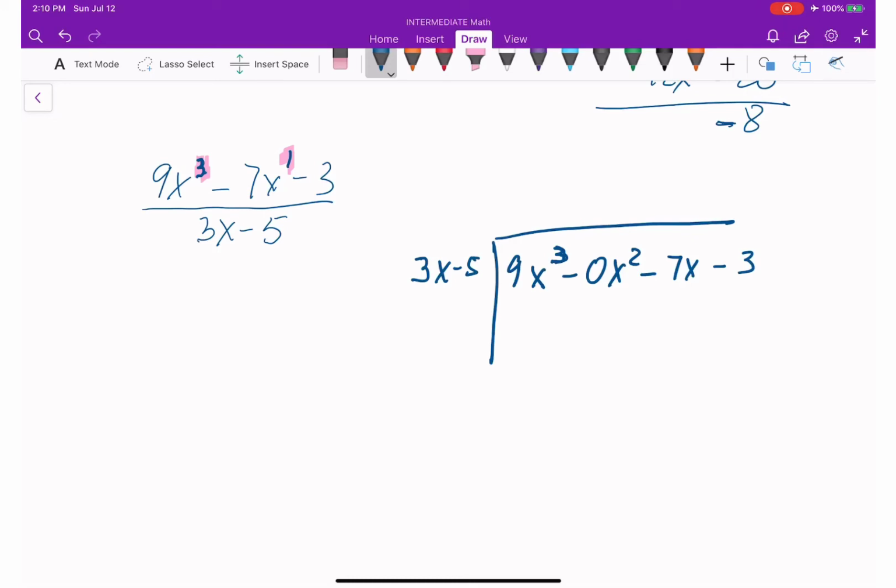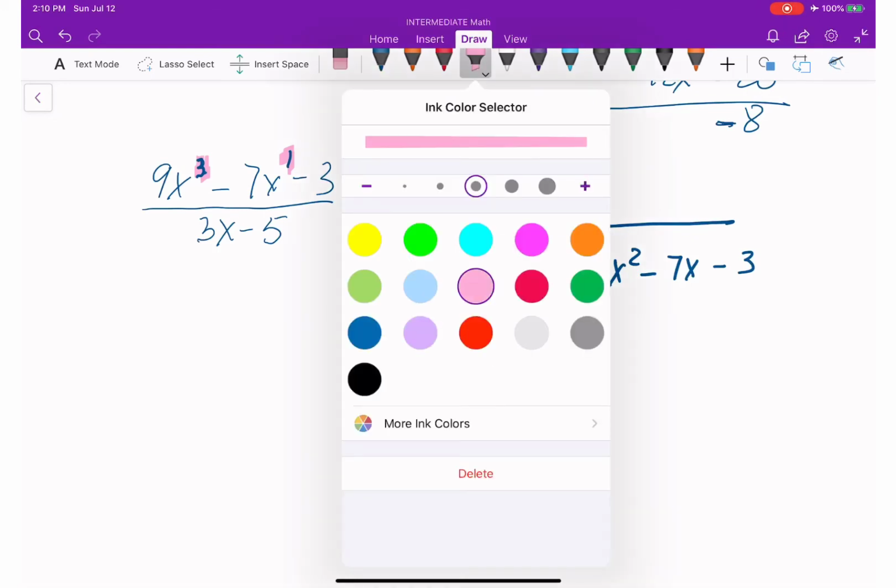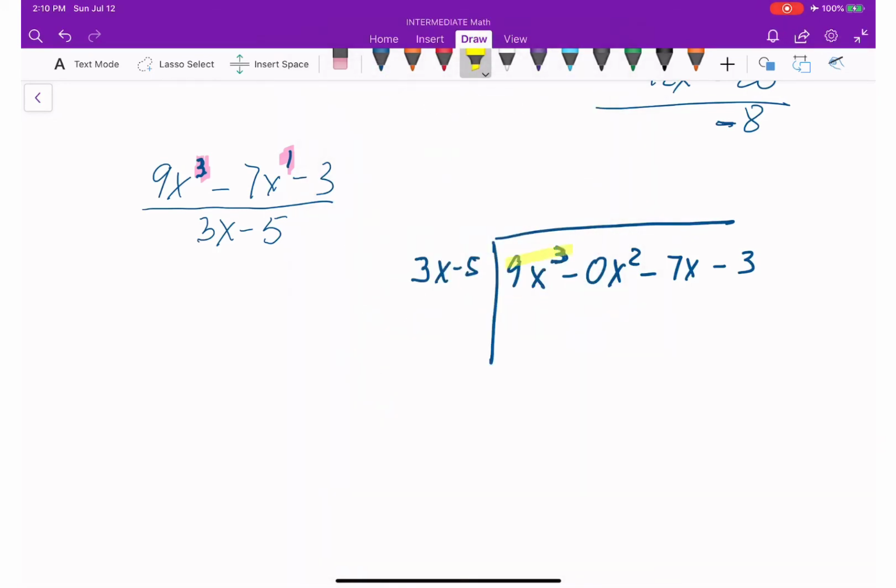Okay. 9x cubed divided by 3x. How much is it going to be? 3x squared. So 3x squared times 3x is going to be 9x cubed. 3x squared times negative 5 is going to be negative 15x squared.